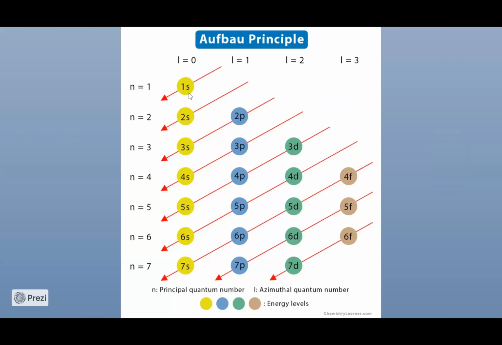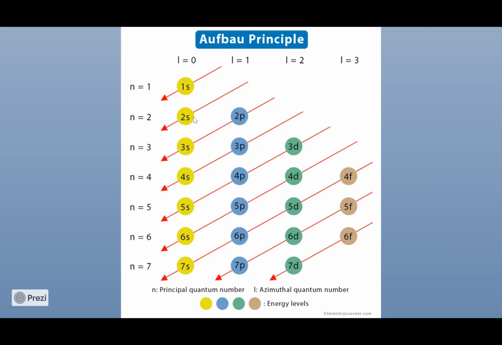So let's get a closer look. The arrows, which you can see in red, are pointing towards the left side, which indicates where the direction is going. And those 1s, 2s, 2p, d, f, those were orbitals, different orbitals. And as you can see, which one has the lowest energy levels? 1s, right?